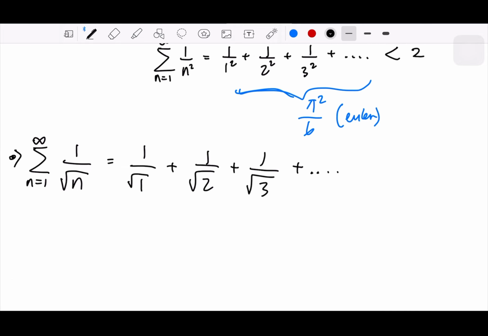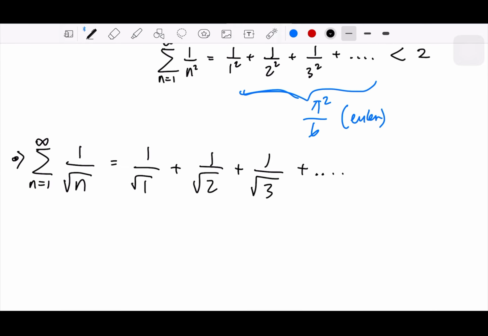And if we imagine, the same way we use the graph, an integral as the area under the curve, we can compute the improper integral from 1 to infinity of 1 over square root of x dx. Because this is 1 over x to the power of half, which is less than 1, we know that this will diverge.